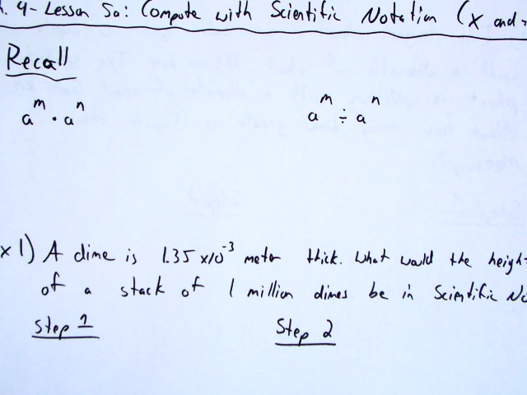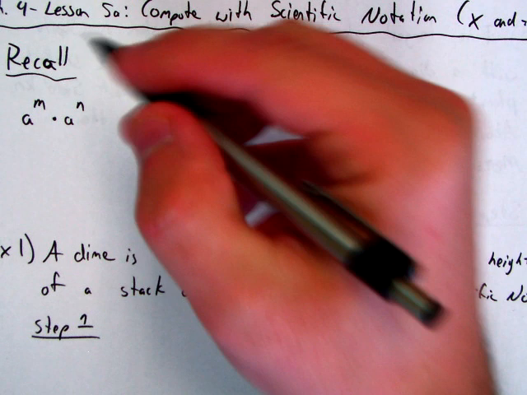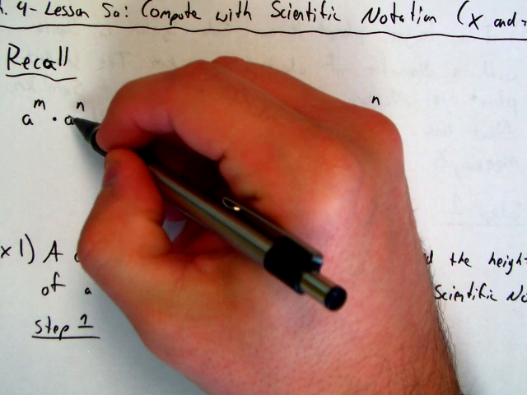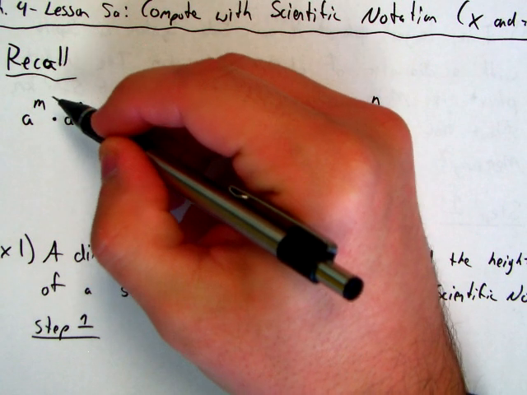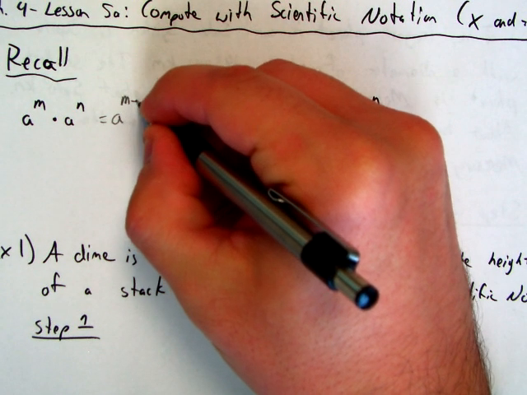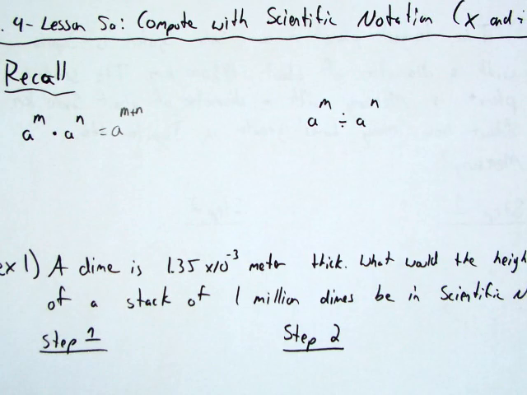So if you recall from Lesson 3, we had a couple rules. One was called the product of a power rule, and one was called the quotient of a power rule. If we have two powers with the same base multiplied together, this turns out to be A, and we add the exponents.